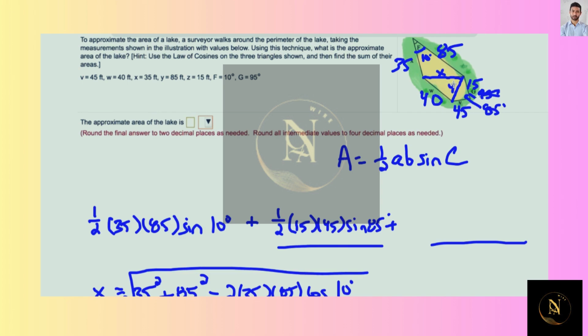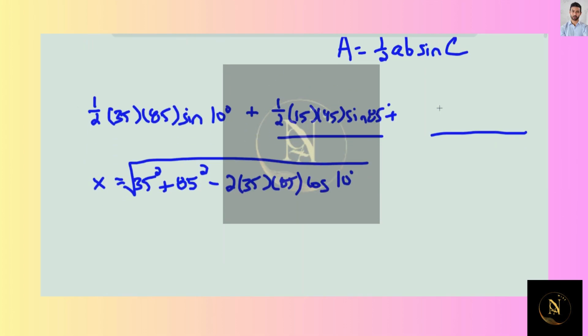I'm going to call the other one y. Different than these y, that should use different variables, but that's okay. Keep following me. We're going to do law of cosines with 15, 45, and 85 degrees. Maybe I'll just call these A and B because it really just doesn't matter. I just don't want you to get confused with the other variables.